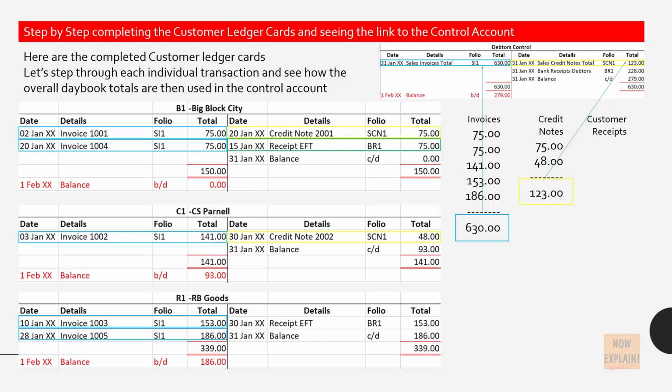So in this case we have €75 and then €153. So the total in our customer receipts in our bank receipts daybook is €228. And this total amount taken from the bank receipts debtors column is €228.